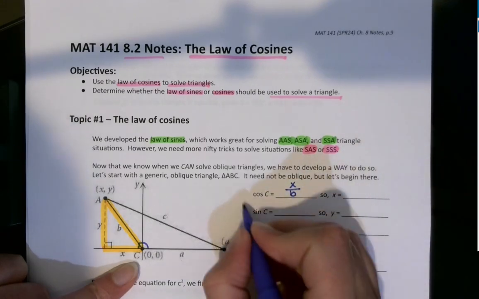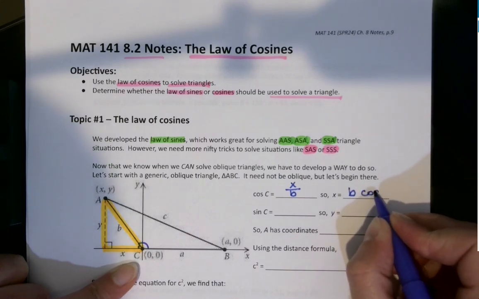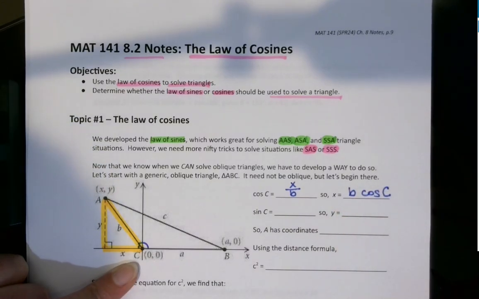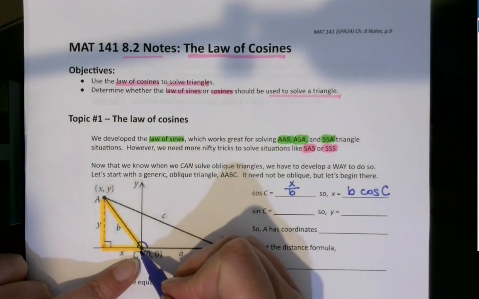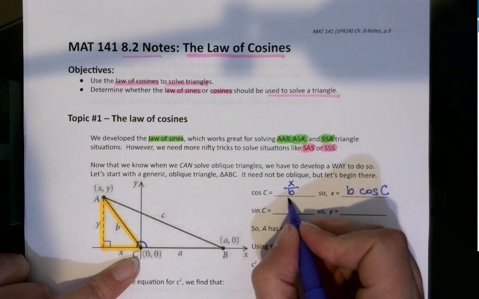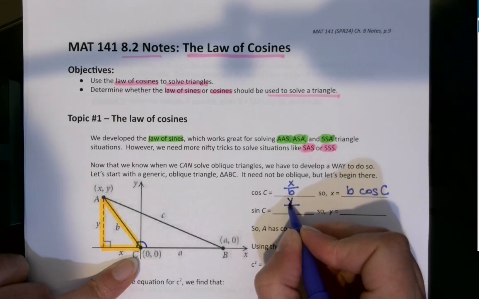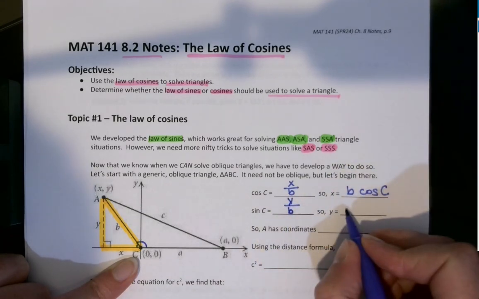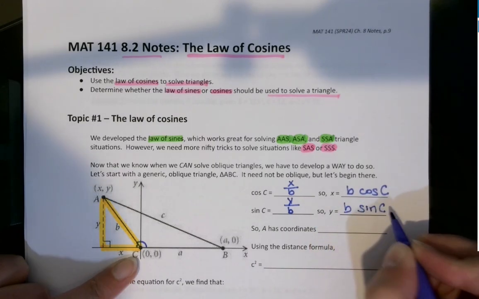If I multiply b to the other side, x would be equal to b times the cosine of that angle C. Similarly, the sine of that angle is going to equal the opposite over the hypotenuse. It's going to equal y over b. And so y itself would be equal to b times the sine of the angle C.